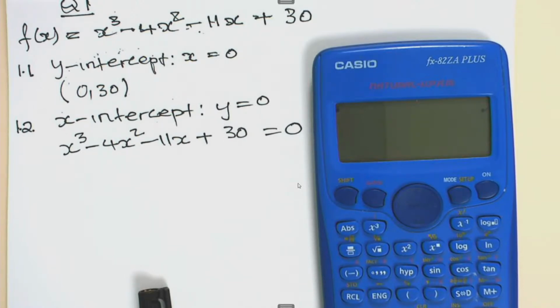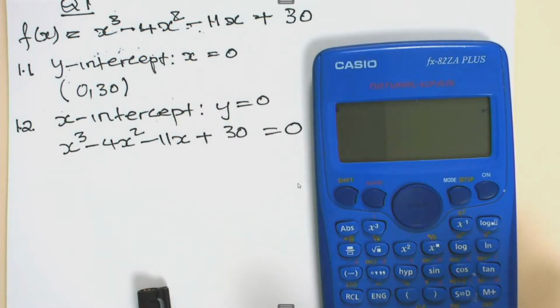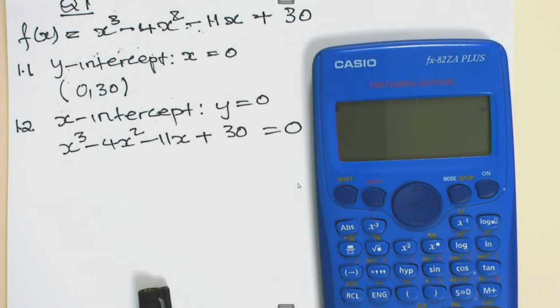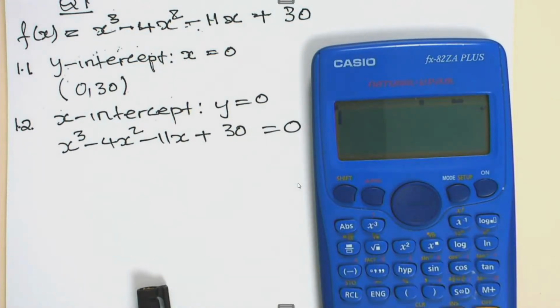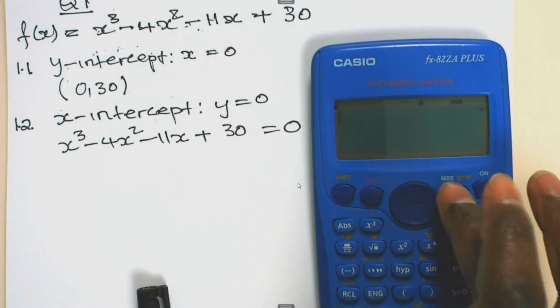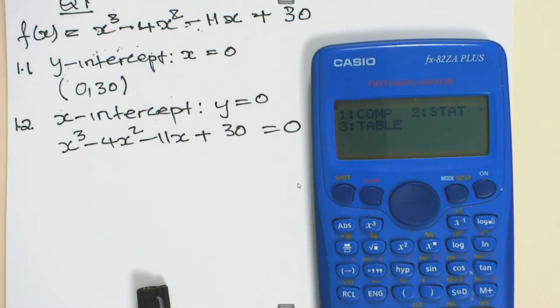Now, you'll recall earlier on I indicated to you that trial and error takes a lot of time. Therefore, for this one, I'm going to show you how to use the calculator to determine the first factor. What you need to do, learners, is switch on your calculator, press on the mode, and then choose option number 3.